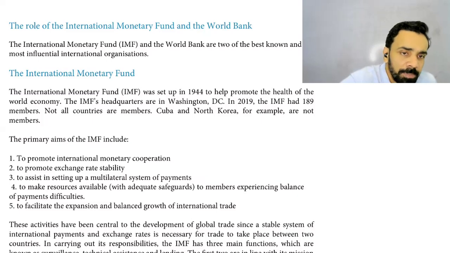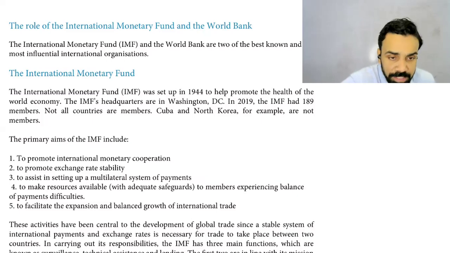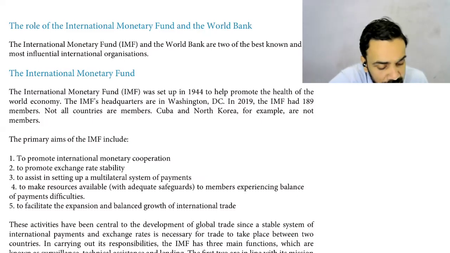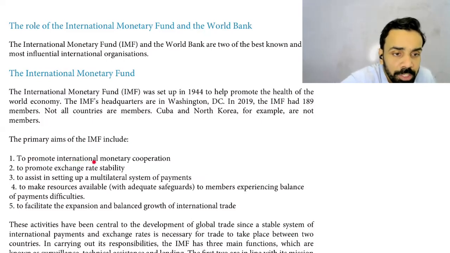As far as the IMF is concerned, in a nutshell, IMF basically helps you manage your expenses and your deficit.